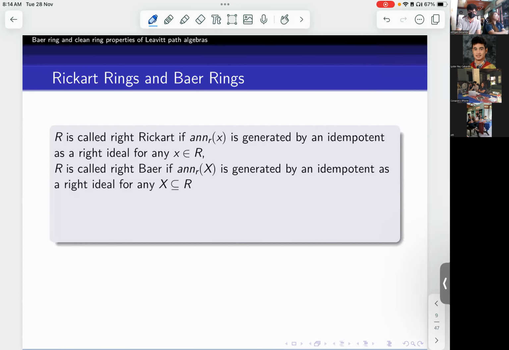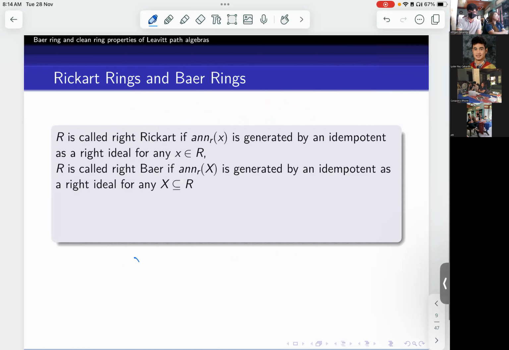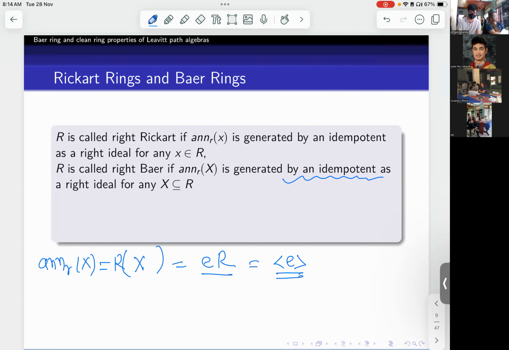So if I have a set X, and I consider the right annihilator of this set X, and it is generated by an idempotent as a right ideal, so this is generated by an idempotent e, which is eR, then such a ring we call a Baer ring.